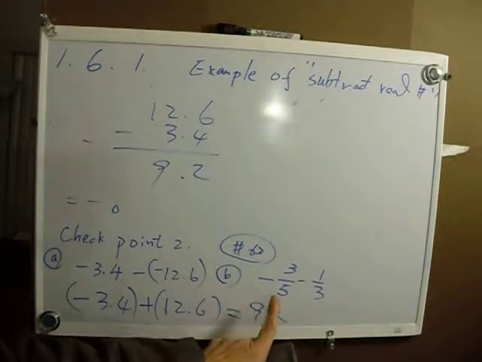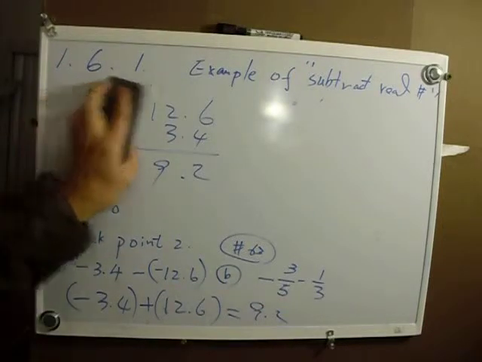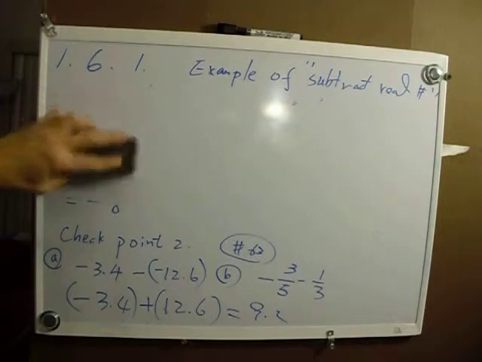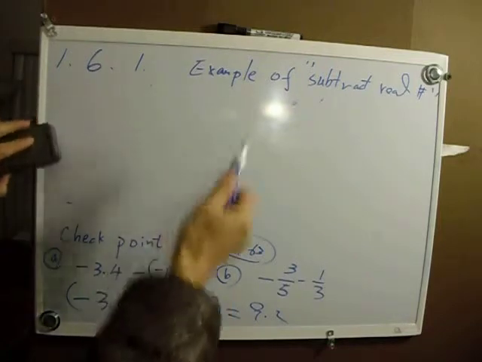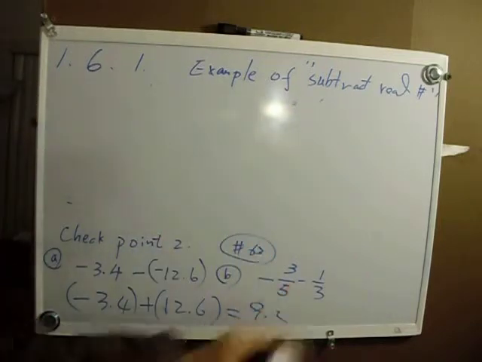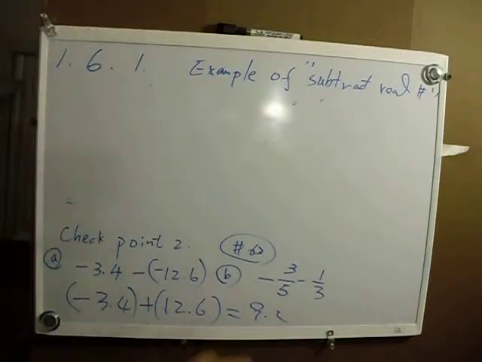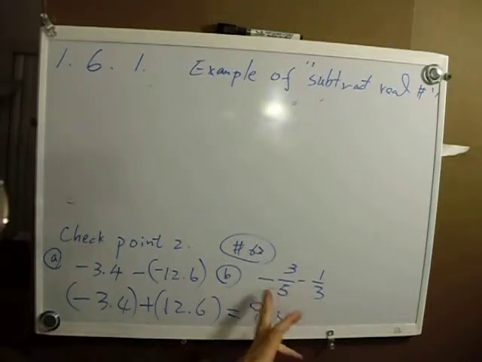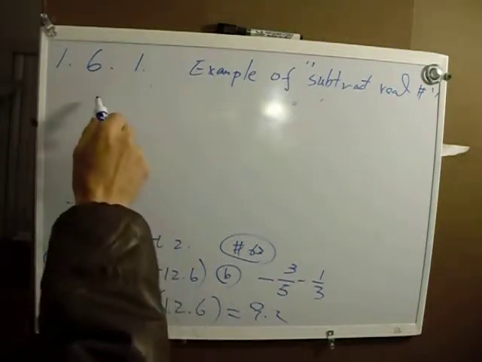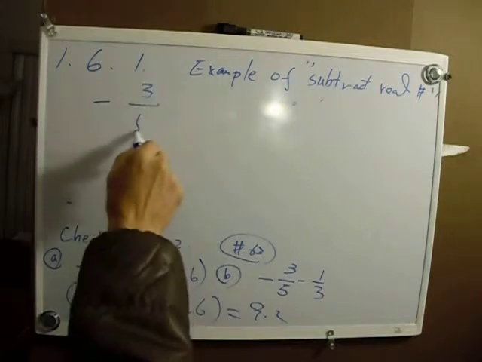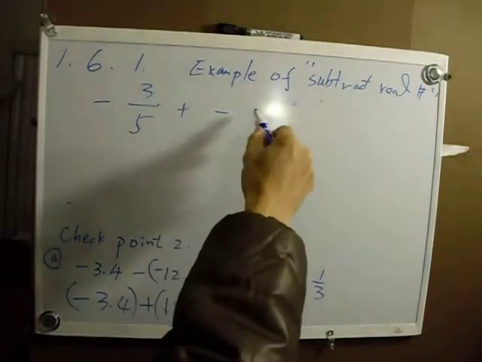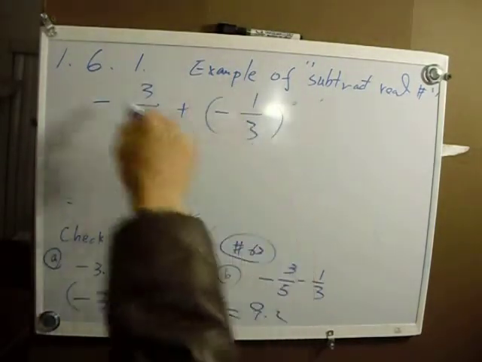Next example, we see the fraction. Dealing with fractions, I would like to use the presentation here. How are you going to handle this? It's still the same rule here: two negative numbers added together. So you treat it like negative 3/5 plus negative 1/3.